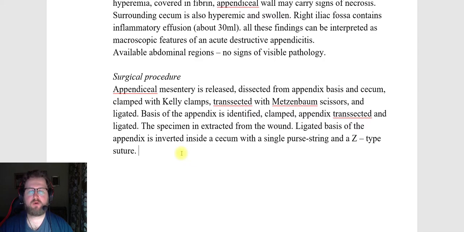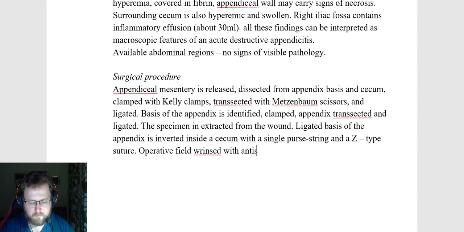For example, you've rinsed the operating field with a solution of antiseptic. In situations when the inflammatory process was extended, you may place an abdominal drain at the site of your operation.